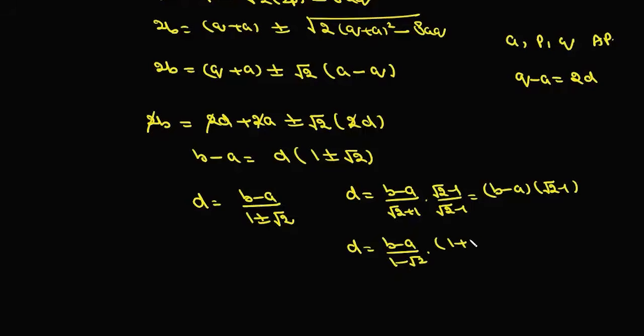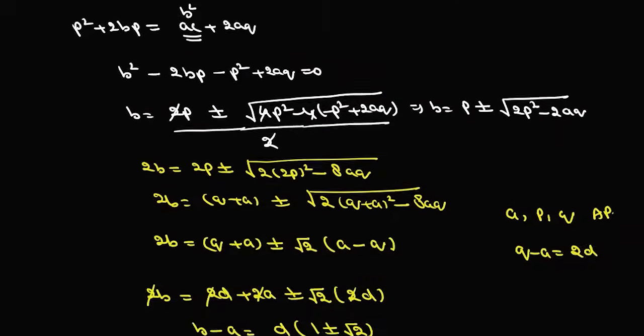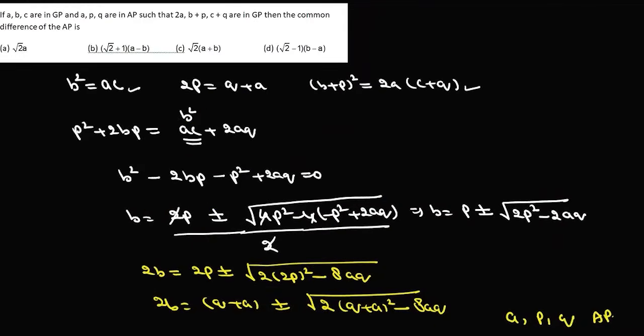We'll multiply it with 1 plus root 2 on top and bottom. Now this is minus 1. So we'll get A minus B into 1 plus root 2. So the correct options are B and D.